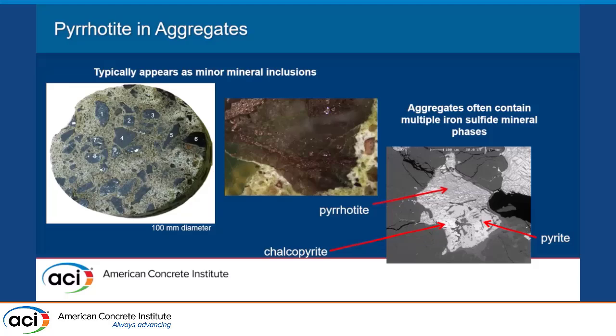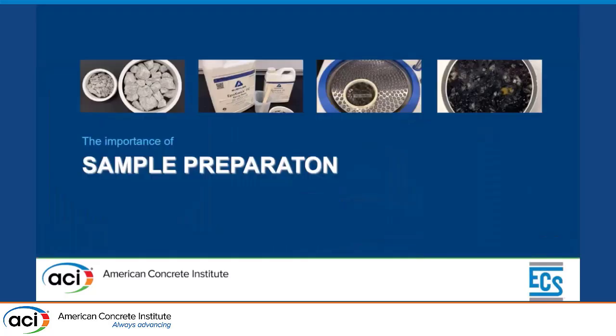You got a total at the end, and then they were able to calculate how much of that sulfur they found can be attributed to each of the different mineral types. So when we came to the Connecticut stuff, and now we're just looking at aggregate and not concrete, I thought, why don't we apply that same kind of technique to look at the aggregate? So that's what I'm going to talk to you about.